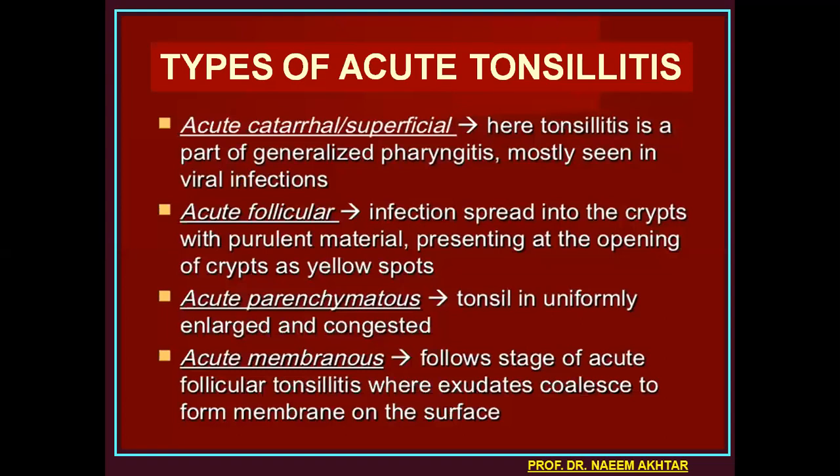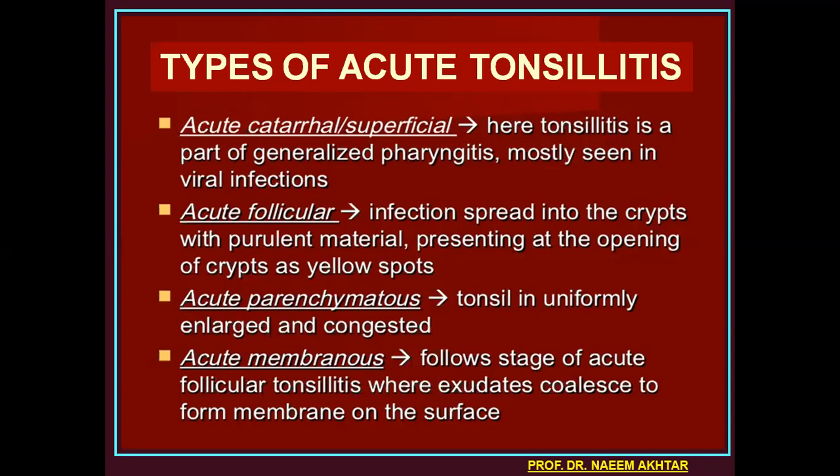Types of acute tonsillitis. There are four main types of acute tonsillitis. One is acute catarrhal or superficial tonsillitis. In this case, tonsillitis is a part of generalized pharyngitis, mostly seen in viral infections. Second is acute follicular tonsillitis. In this case, the infection spreads into the crypts of the palatine tonsils with purulent material presenting at the opening of the crypts as yellow spots.